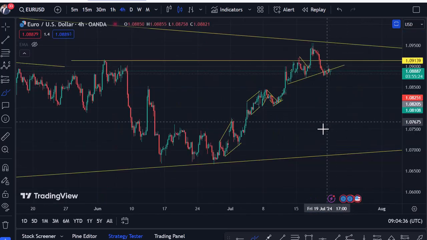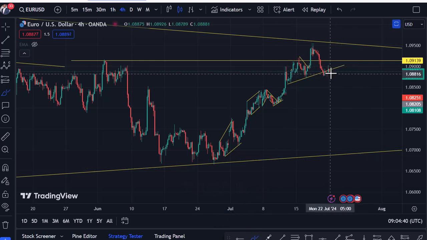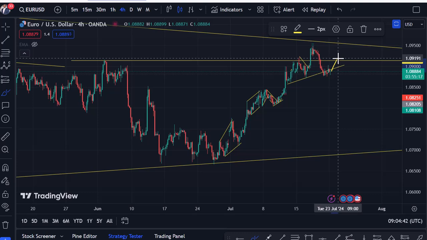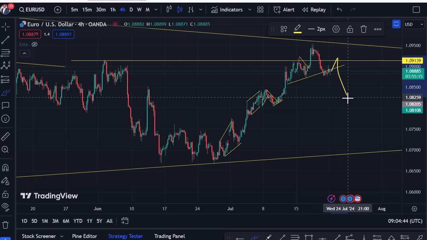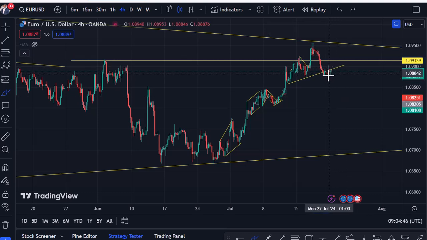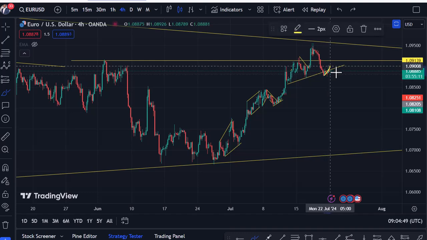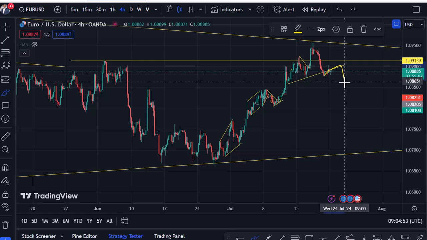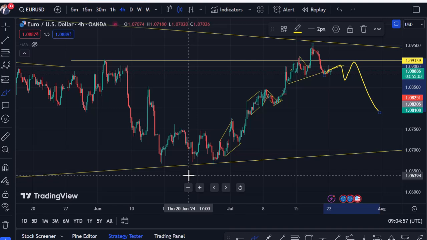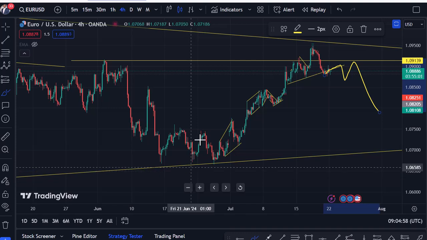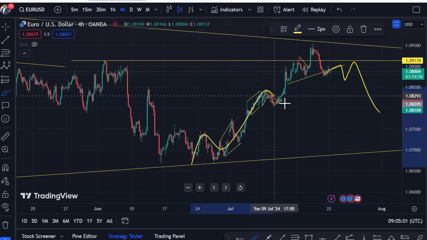So what are we expecting? There are two scenarios on this. Either the market decides to keep pushing high here, comes up here before it drops, or there will be a sharp drop here after this corrective, because the way it's moving here is corrective. So we may expect the market dropping one more, giving us another push up before it drops, because this move has got to be corrected. We have an impulse, correction, impulse, correction, impulse.